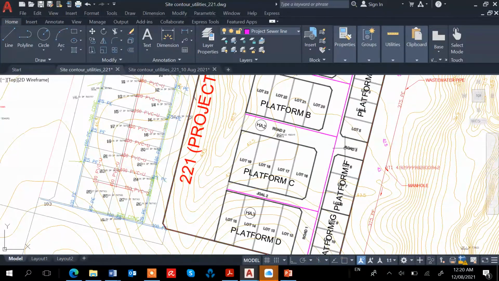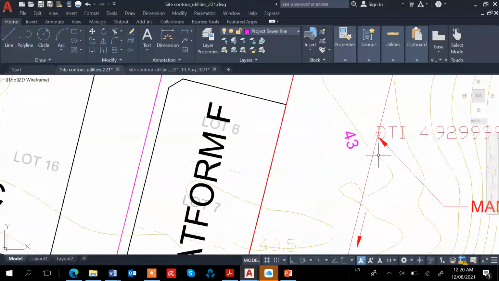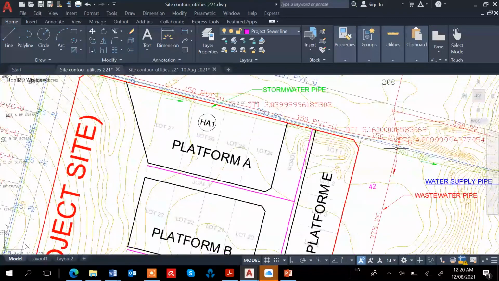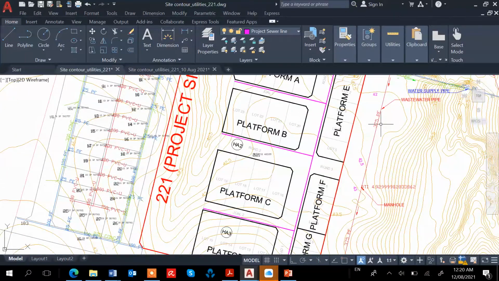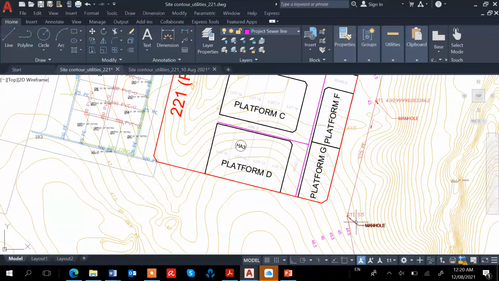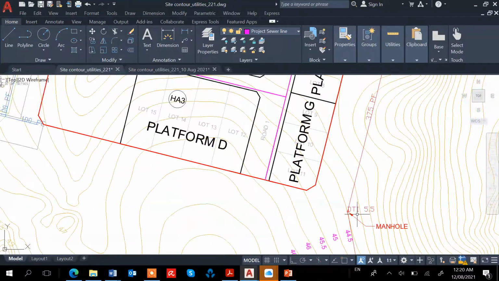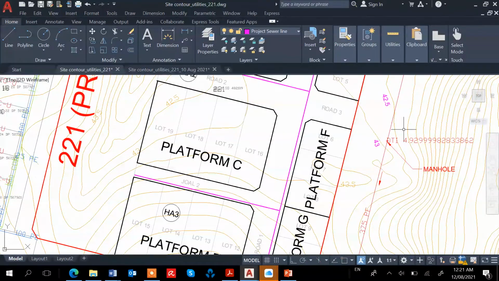Okay, and all these sewer lines, I think this is a good place to drop in. We've got a manhole up here. The sewer line, this 375 PE, the polyethylene, is going to flow this direction, and then there's the manhole here as well. I think this is a good place to put it because it's nearest.